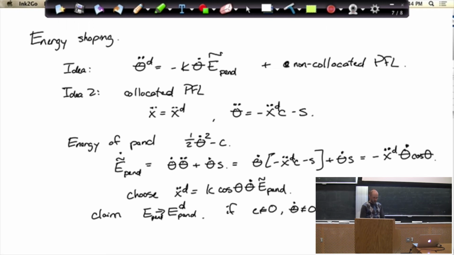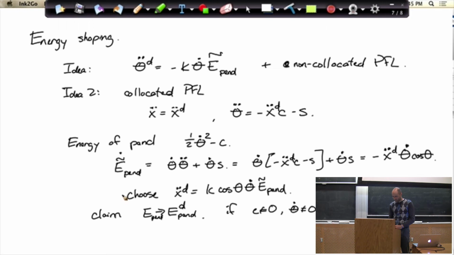As long as I'm actually applying controls, this controller says do nothing if cosine theta equals 0. It says do nothing if theta dot equals 0. As long as I don't do nothing for all time, then I'll eventually find my way to the top.